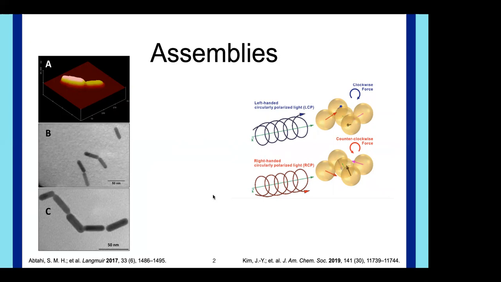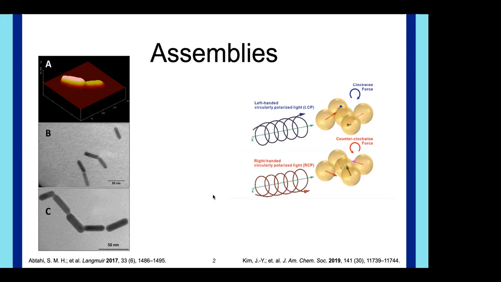On the right over here, this publication used gold salts and reduced them into nanoparticles while manipulating the system with circularly polarized light in order to make these agglomerations of nanoparticles that were chiral overall and responded to polarized light.